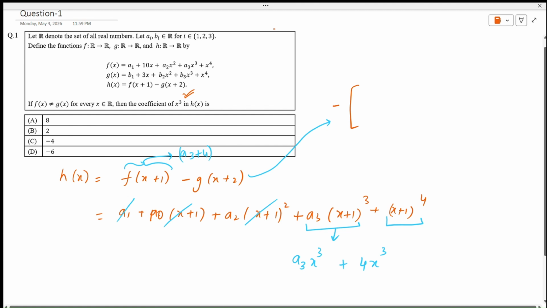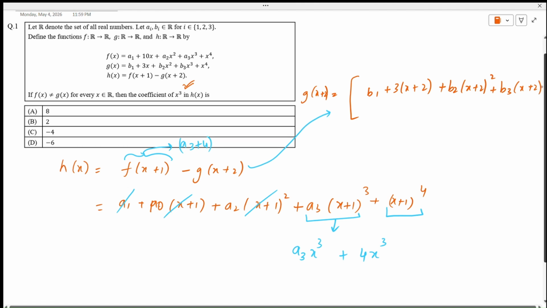Now let us look at g of x plus 2. Let us leave the minus and solve for g of x plus 2. g of x plus 2 is equal to b1 plus 3 of x plus 2 plus b2 of x plus 2 whole square plus b3 of x plus 2 whole cube plus x plus 2 whole power 4.